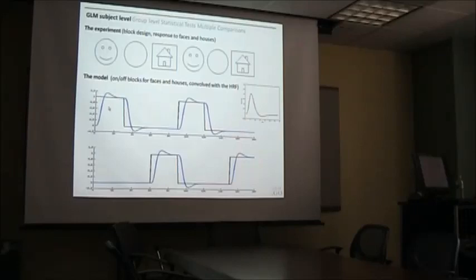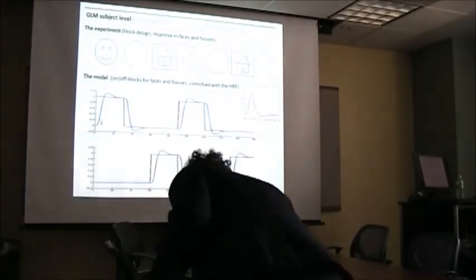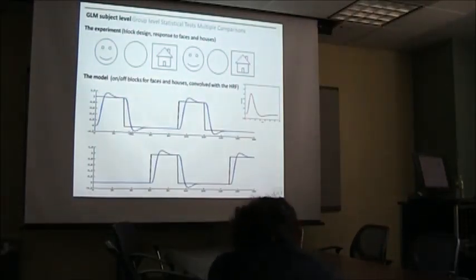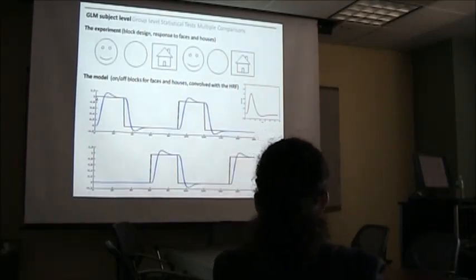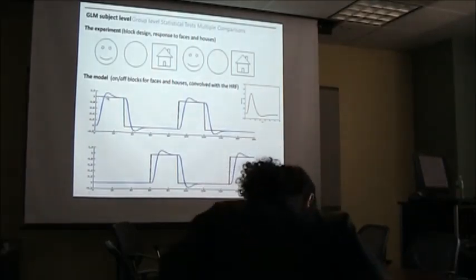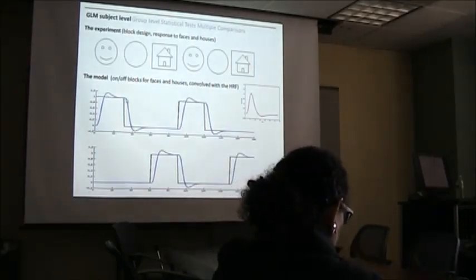Now, you could use this black line as a model for fitting your response, but by incorporating the information on the delay of your hemodynamic response, you get something that looks a little bit more like this. It peaks later than the actual onset of the stimuli, and it also stays on a little longer.